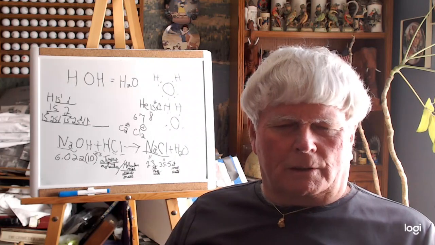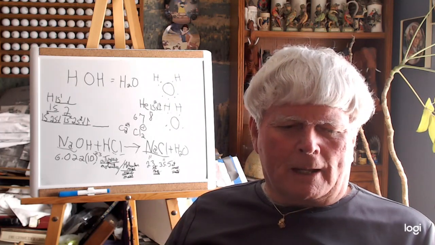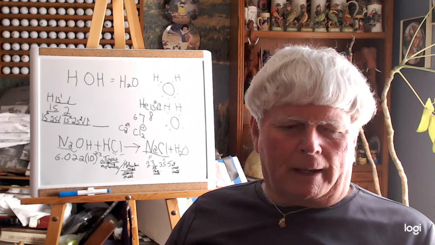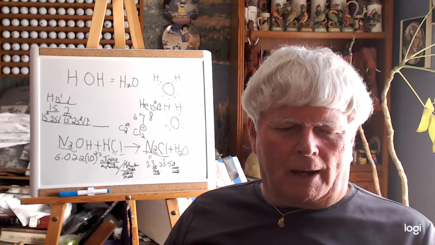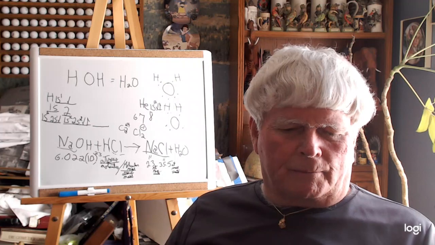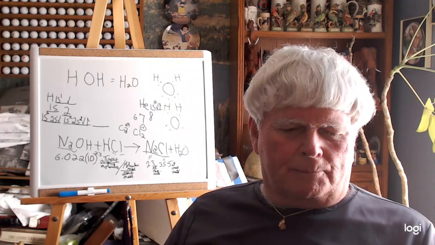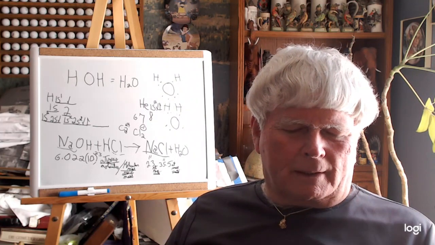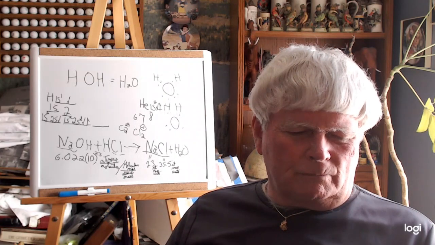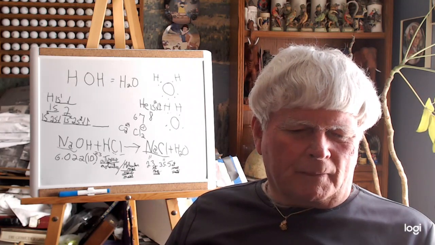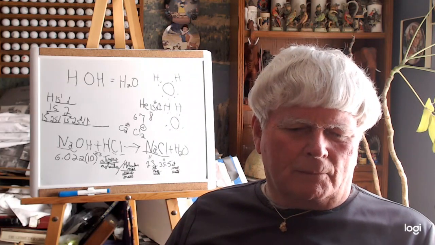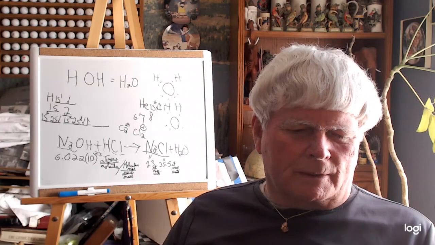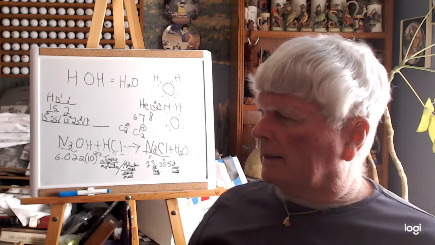Next on the agenda is dilutions and stoichiometric reactions. I'm going to go through one of them reasonably briefly. I'm going to take a solution of sodium hydroxide that we're going to make up. We got 11.5 grams of sodium hydroxide.